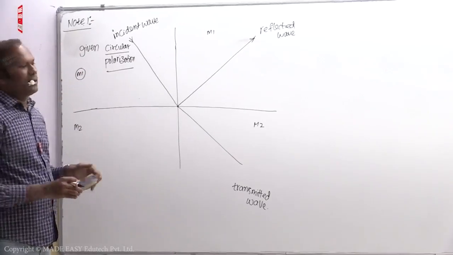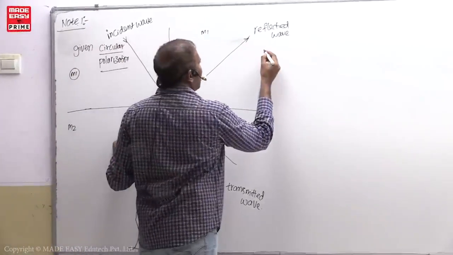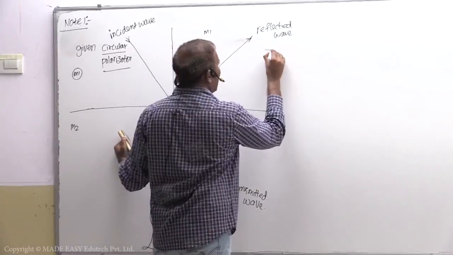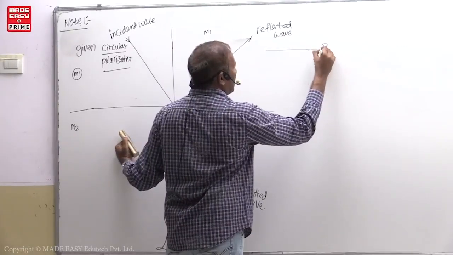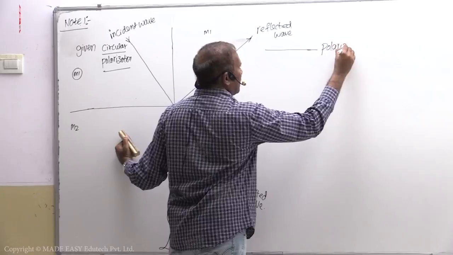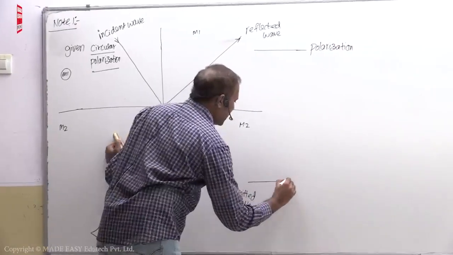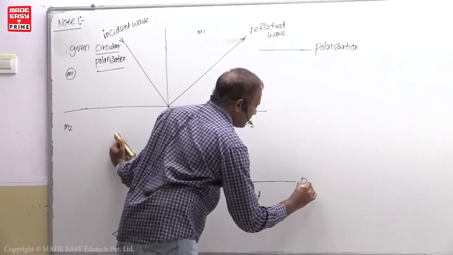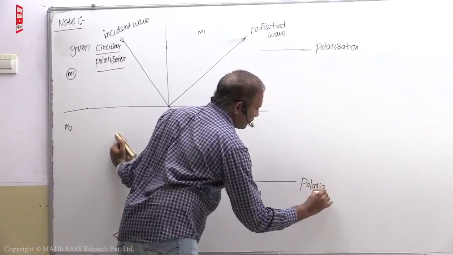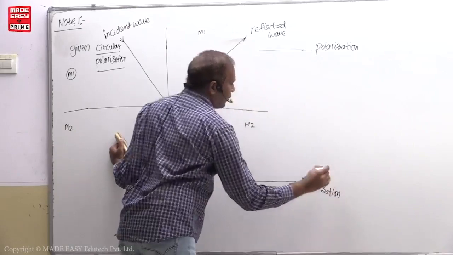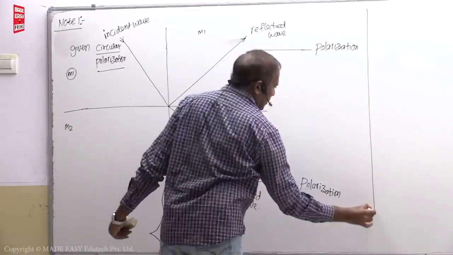It is a standard question. Now the question is, what is the polarization of this reflected wave? Dash polarization. And similarly, what is the polarization of this transmitted wave? We have to answer this one.